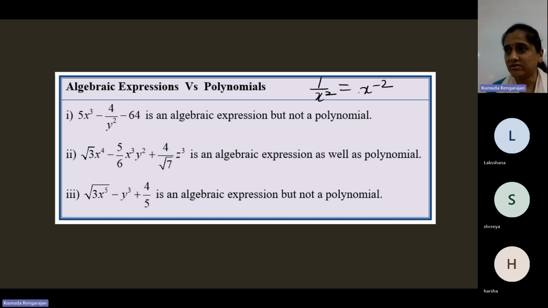The power of the variable x is negative. It's not a whole number. So it is an algebraic expression having one term, but it's not a monomial because it's not a polynomial.